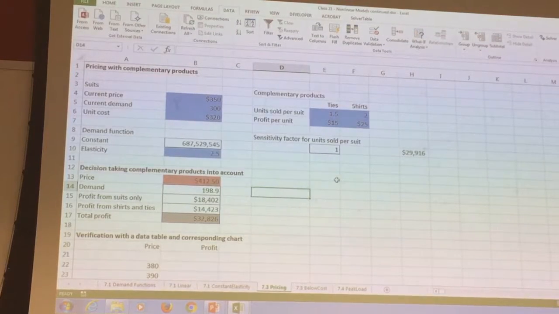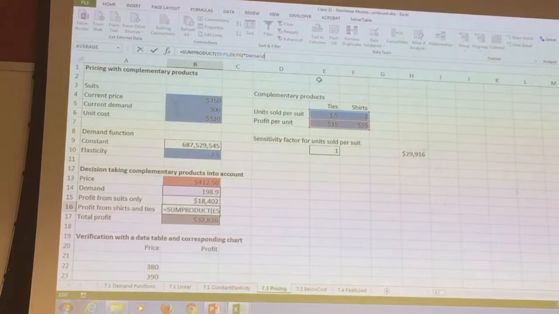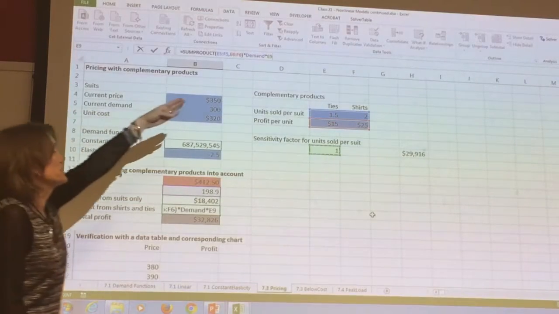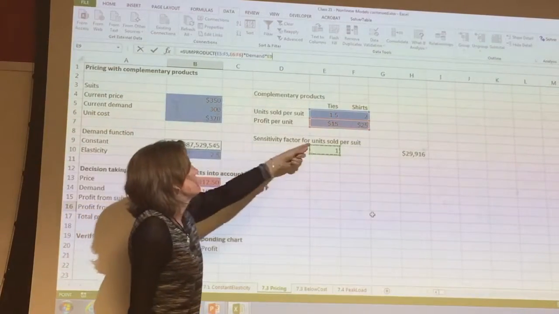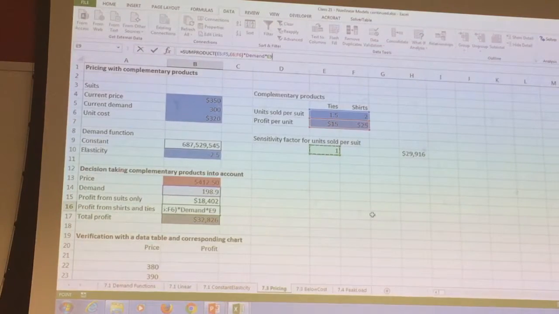But I'm gonna take that cell and use it in the formula down here in B16 where the profit for shirts and ties is. I'm gonna take my profit from shirts and ties and tack on a multiplying by this sensitivity factor. The formula that was already there, and now say times this sensitivity factor. I put a 1 in there right now, so it's not gonna change anything.